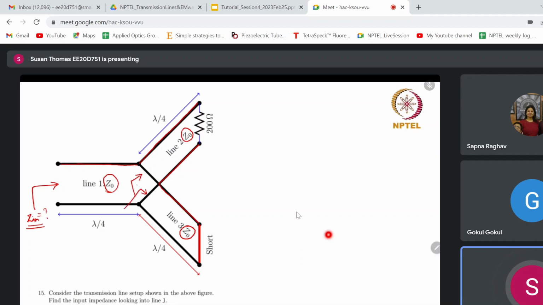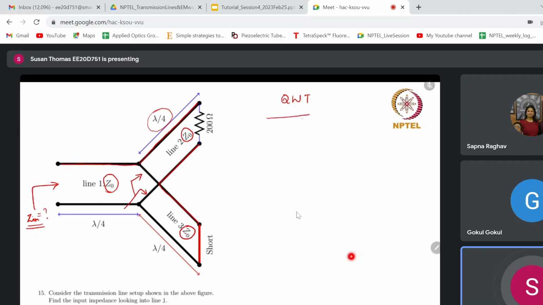Okay, so what is this input impedance? So what do we have here? This is a lambda by 4 line. What do we call lambda by 4 line? As quarter wave transformer. So this quarter wave transformer has a load connected, that is 200 ohms, and the characteristic impedance of the quarter wave transmission line is Z0.